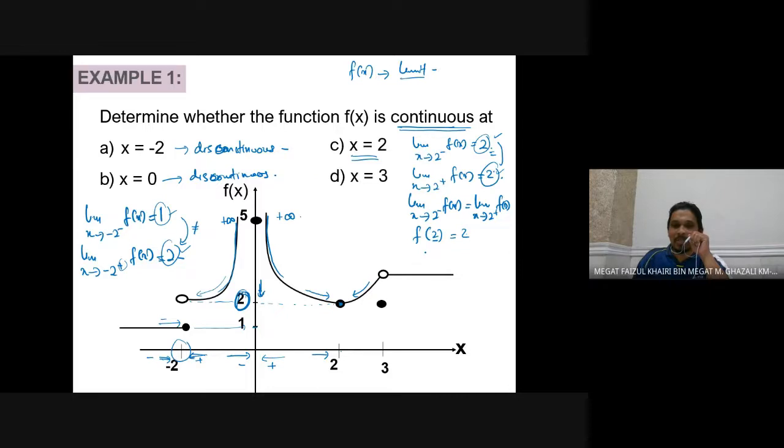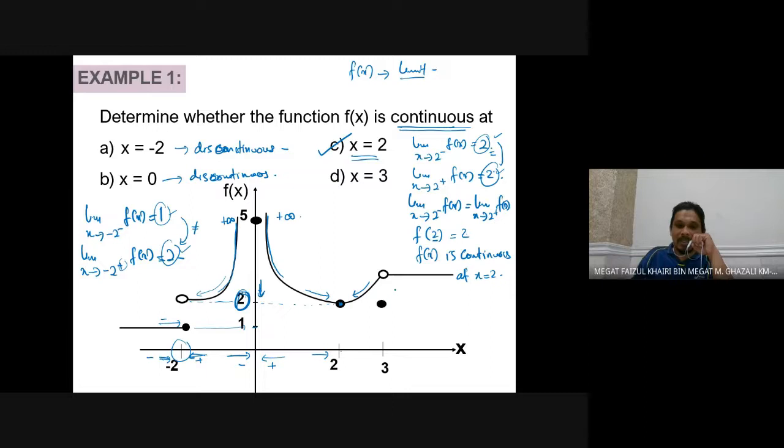Then this function f(x) is continuous at x equal to 2. So only for C, it is continuous at this moment.